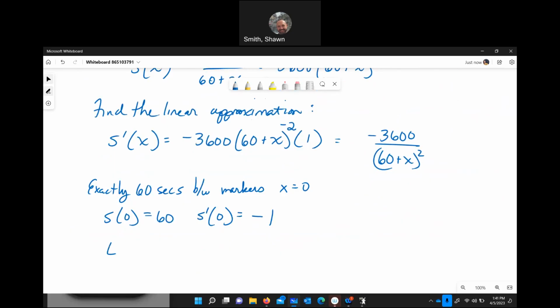So the linear approximation L of X is always going to be equal to this easy little formula: S of 0 plus S prime of 0 times X minus 0.